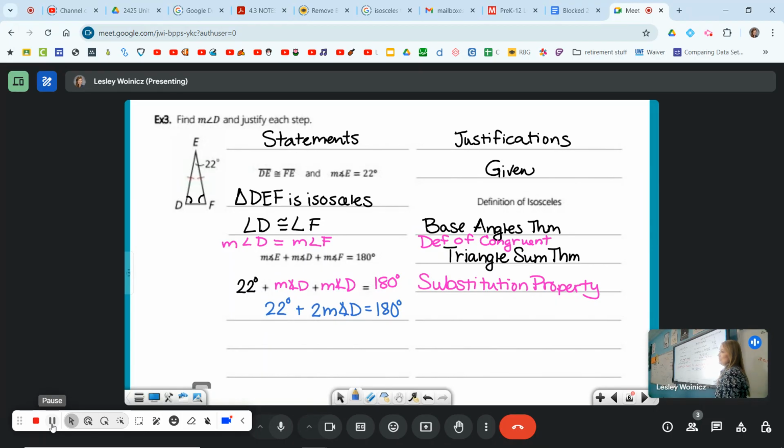You subtracted, but you didn't tell me you were going to subtract. So someone else said combine like terms. So now we'd sound like we don't know what's going on. All right, so we just did the substitution property again.